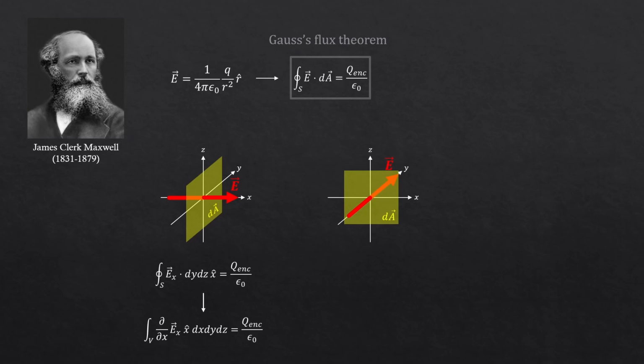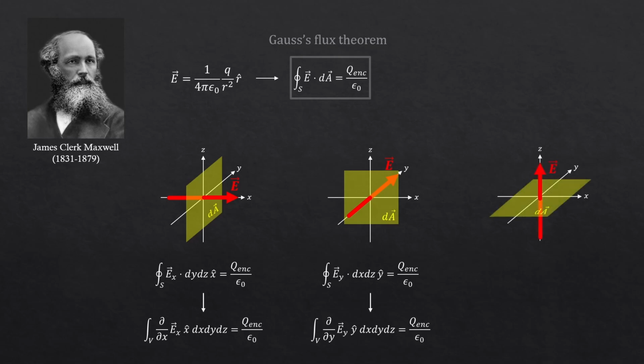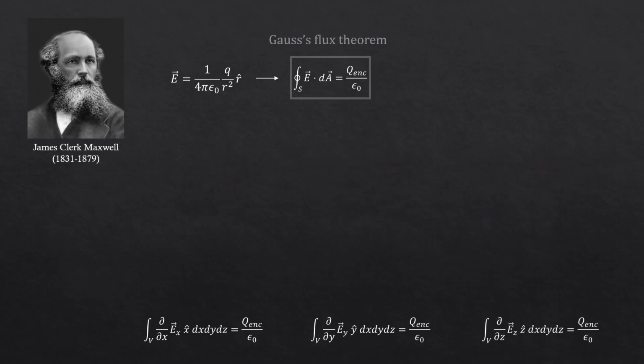Similarly, if the electric field line is going in the y direction, we're doing a dot product with the dx dz area, whose normal vector is in the y direction as well. We could do the same thing to it. And also for the z direction case. This means we can generalize this as the divergence of the electric field integrated over a volume. Make sense?